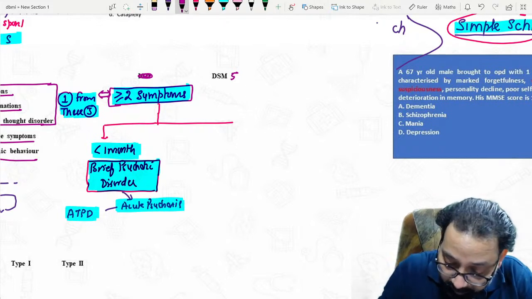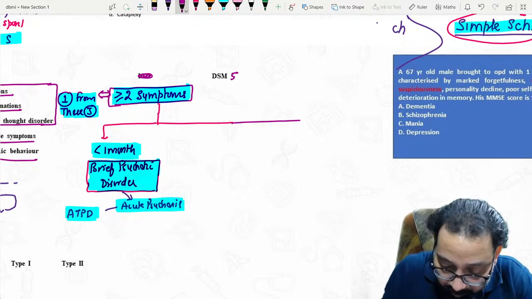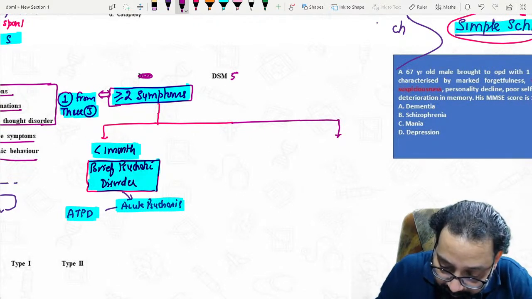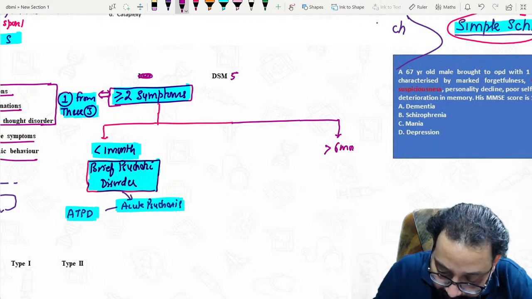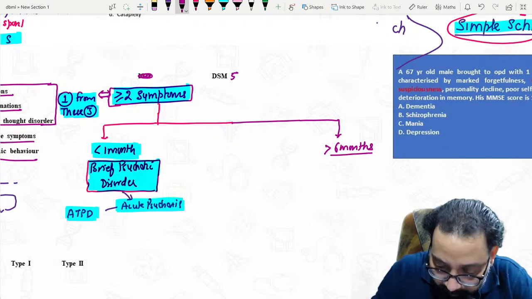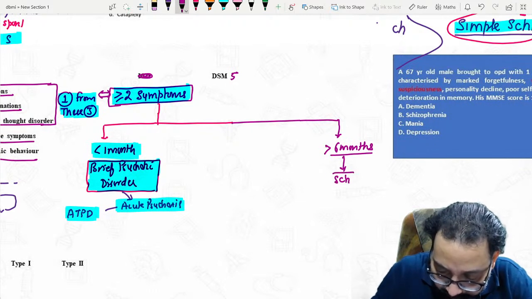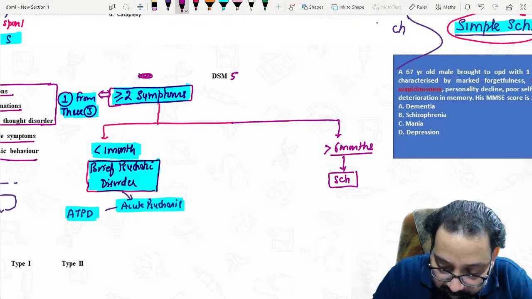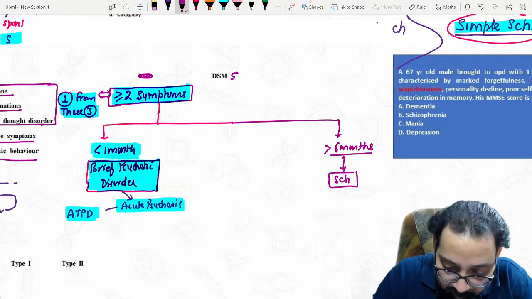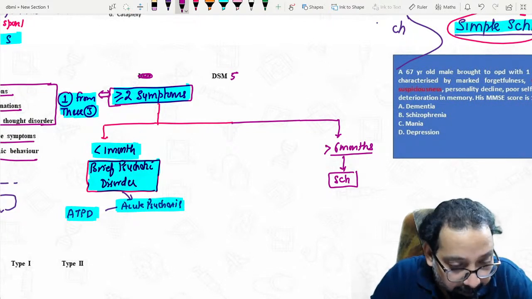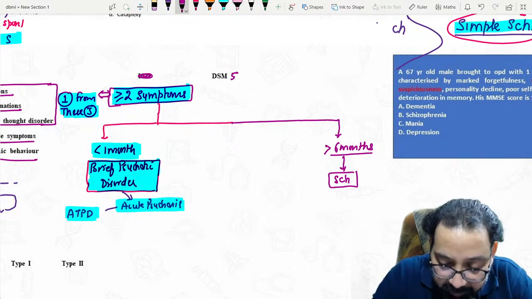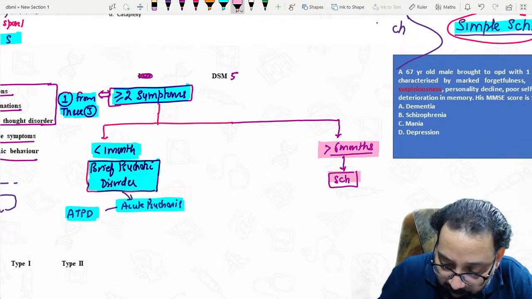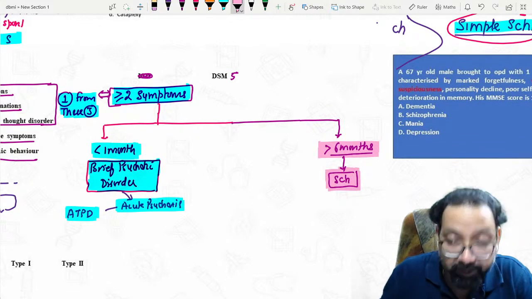Okay, now if these two or more symptoms are present more than 6 months, then schizophrenia. So according to ICD-10, the duration of symptoms should be more than 1 month to make the diagnosis of schizophrenia. But in DSM-5, the duration of symptoms should be more than 6 months.